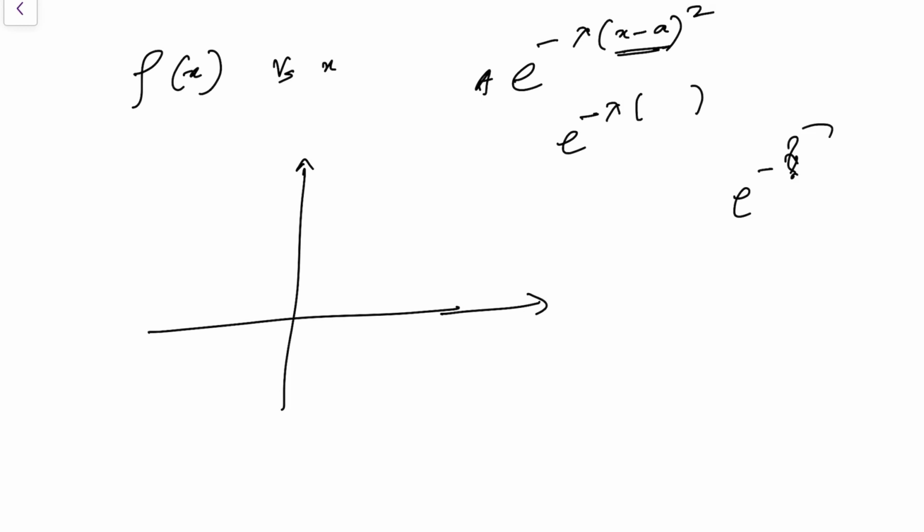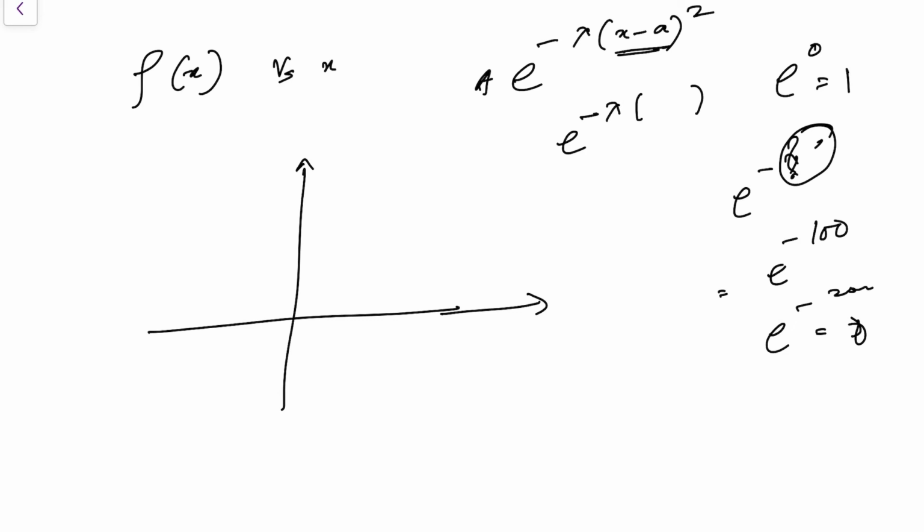If you have e to the power minus 100 or e to the power minus 200, you will get very small values, but it is never going to be 0. Its value will be maximum when e to the power 0, that's going to be 1.